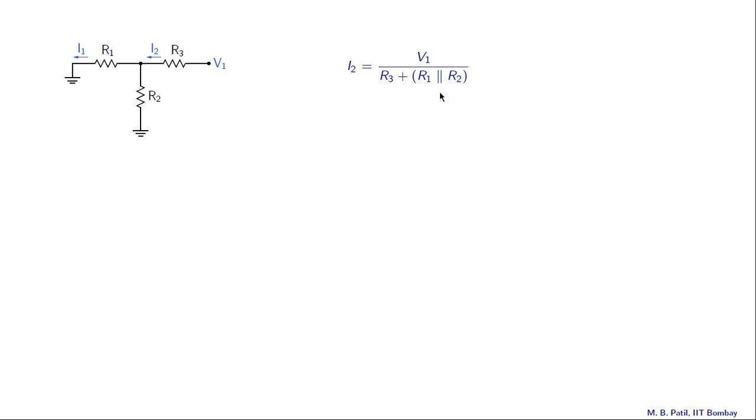Let us now look at I1, that current. Once we know I2, we can obtain I1 by using the current division formula. So I1 is going to be R2 divided by R1 plus R2 times I2. And that gives us this expression for I1.